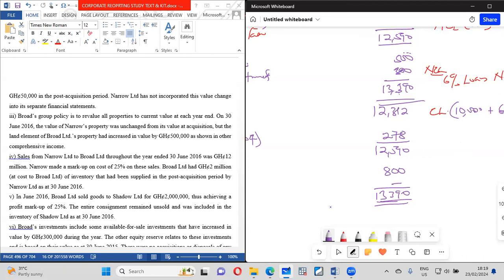All right, and disposal, which means you'll be disposing. Okay, so when you dispose, are you disposing everything? So we have full disposal, then we have partial disposal to lose control, and partial disposal to still have control. All right, so those are the things we are going to look at.